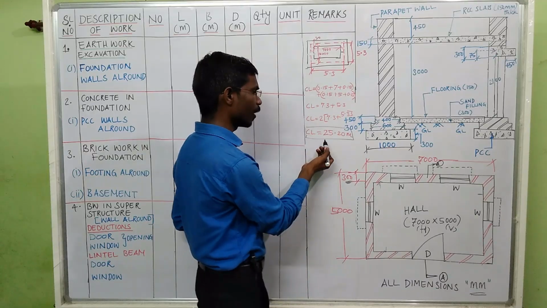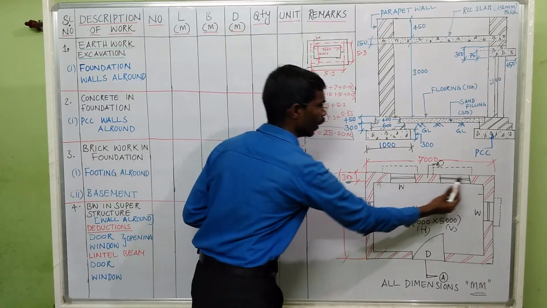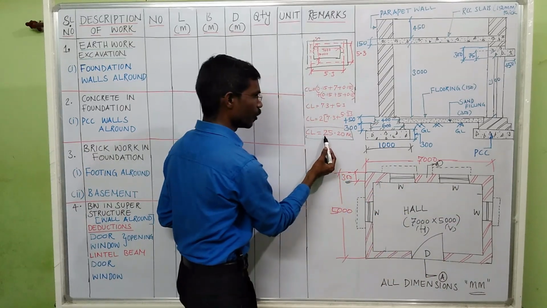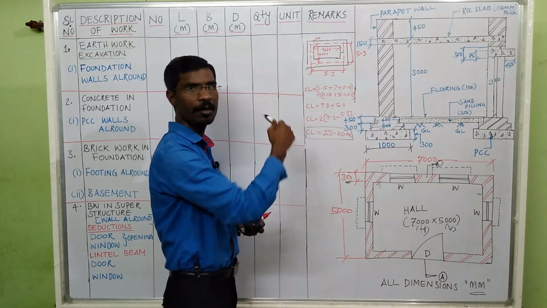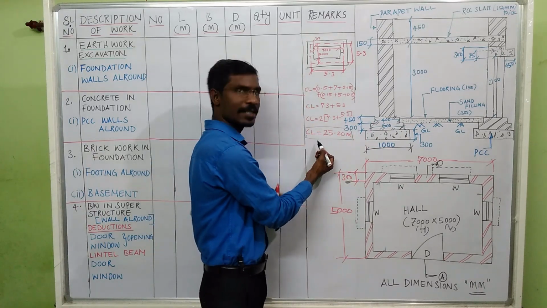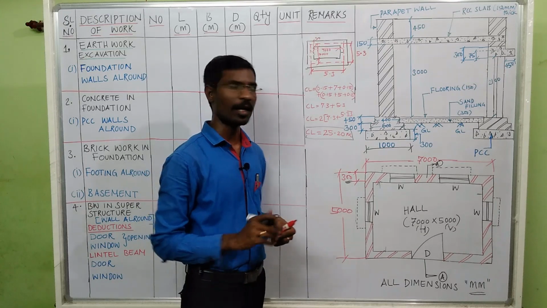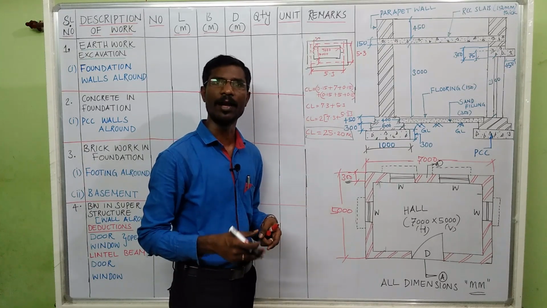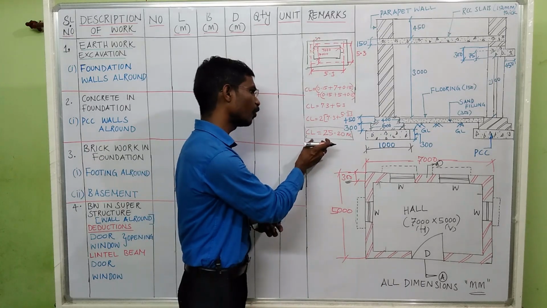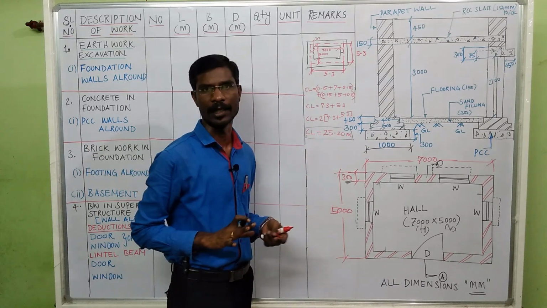So now we have calculated the center line length of your building. It is 25.2. Now we will calculate all the items of work. First you need to calculate the center line length. Once you calculate it, you don't need to calculate again and again for other lengths. It is enough to complete your building for all the items of work.